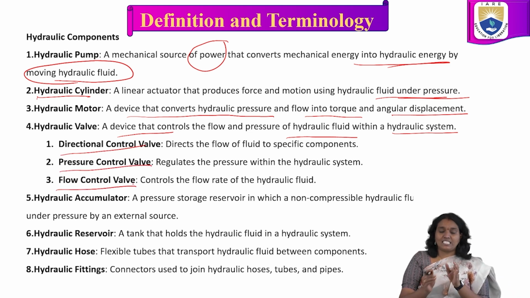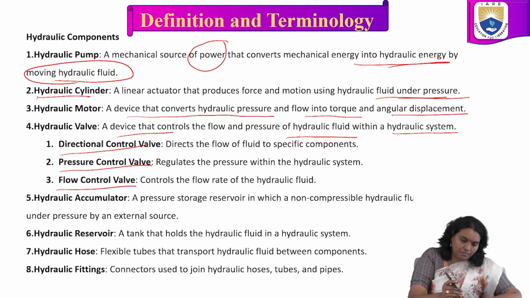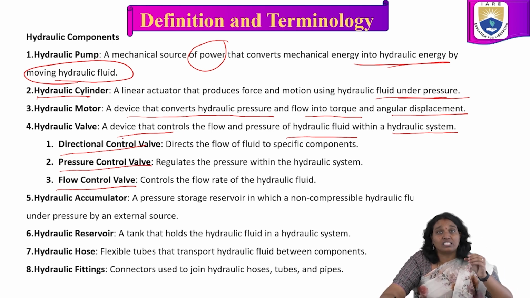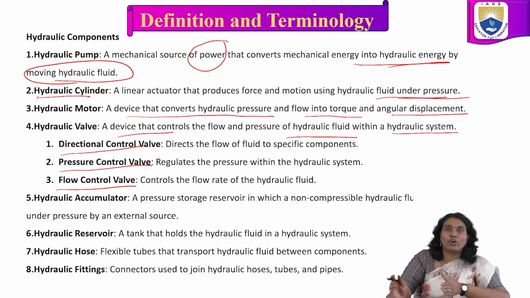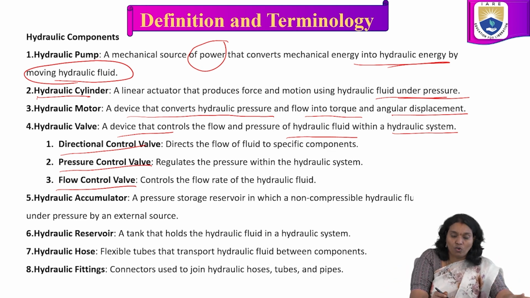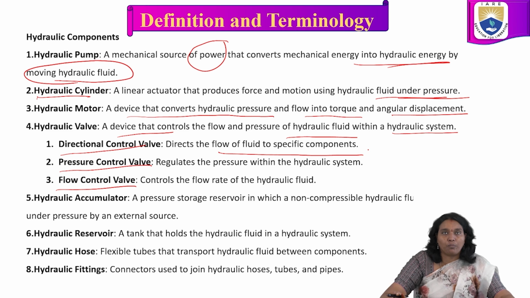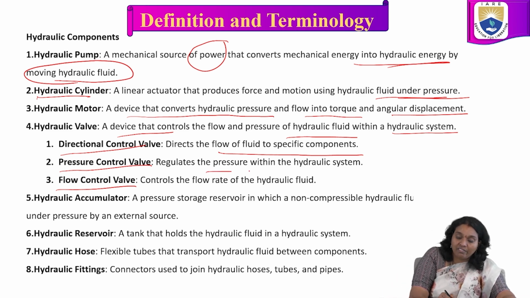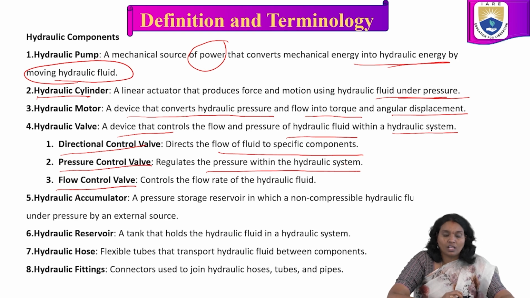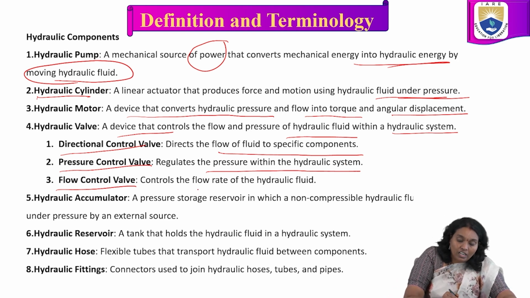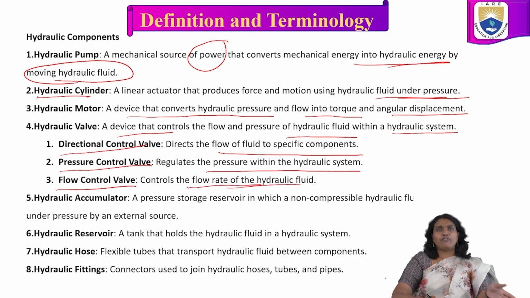The directional control valve directs the flow of fluid to specific components. The pressure control valve regulates the pressure within the hydraulic system. The flow control valve controls the flow rate of the hydraulic fluid.